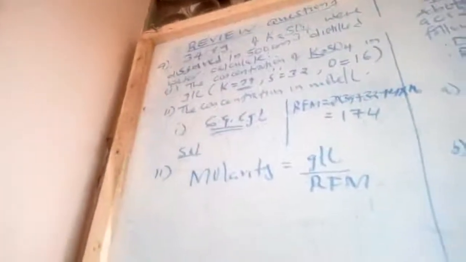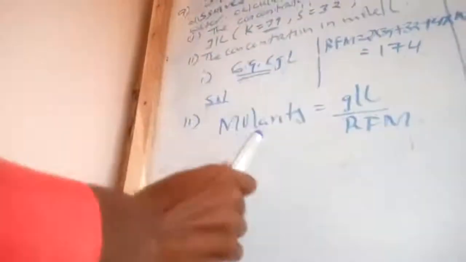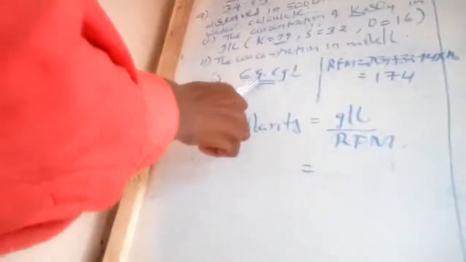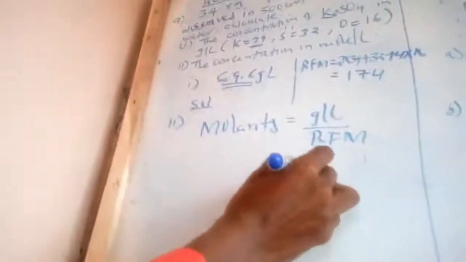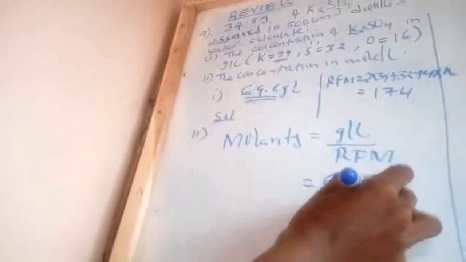After having gotten that as the RFM, I'm going to get the molarity, and the concentration in moles per liter is the same as molarity, and therefore I'm going to write the concentration which I got in grams per liter, which is 69.6 grams per liter.